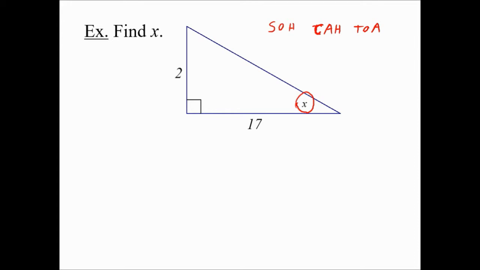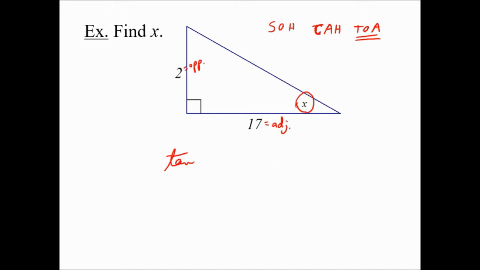Whatever the angle that's given to you is, that's what you're going to use to make your choice. From that angle, I'm going to observe that this 2 here is opposite. It's across from the angle that's given. The 17 here is adjacent because it's right next to the angle. Well, opposite and adjacent means we're going to use tangent, toa here. So on my paper, I'm going to write tan.